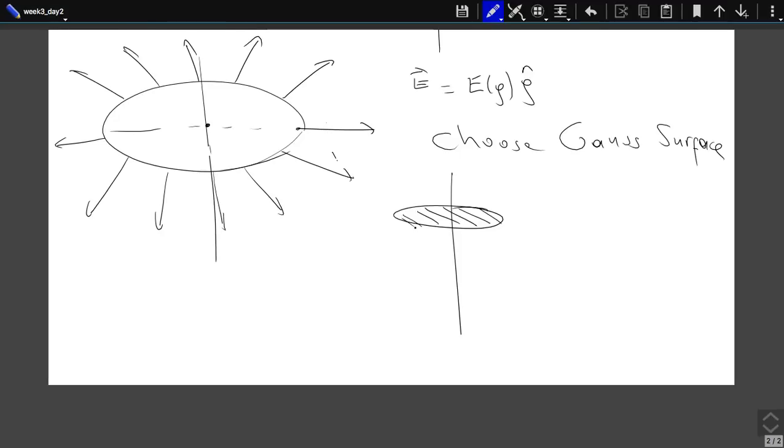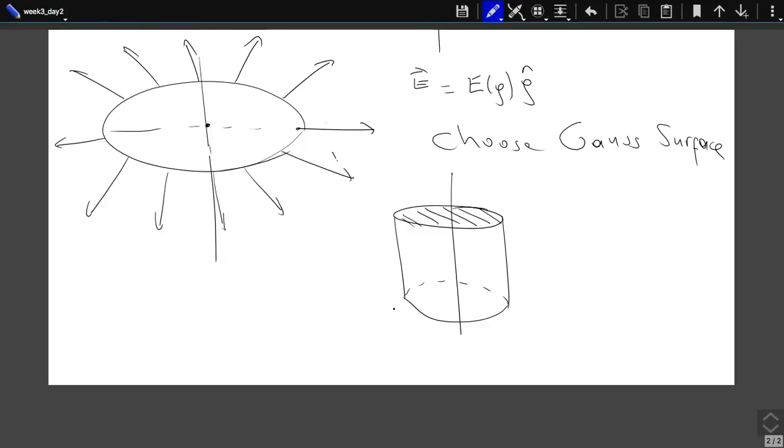The other good choice would be an area such that the dA vector is in the same direction as the electric field. The electric field is in this direction. dA vector should be in that direction, everywhere at the same distance. Well, that is basically a cylinder, the side of a cylinder. So that gives us the side and the top and the bottom of the cylinder. That is why for a wire we choose a cylinder, because you can divide the total area of the cylinder into 3 pieces, the top, the bottom, and the side.